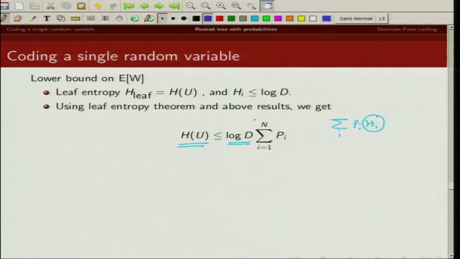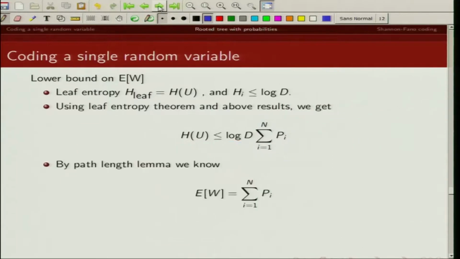Now what is this quantity? From the path length lemma, we know this is the expected depth of the leaves. And what are leaves? Leaves are my code words. So this is the expected code word length, the average code word length. This follows from the path length lemma. So I plug this in here.